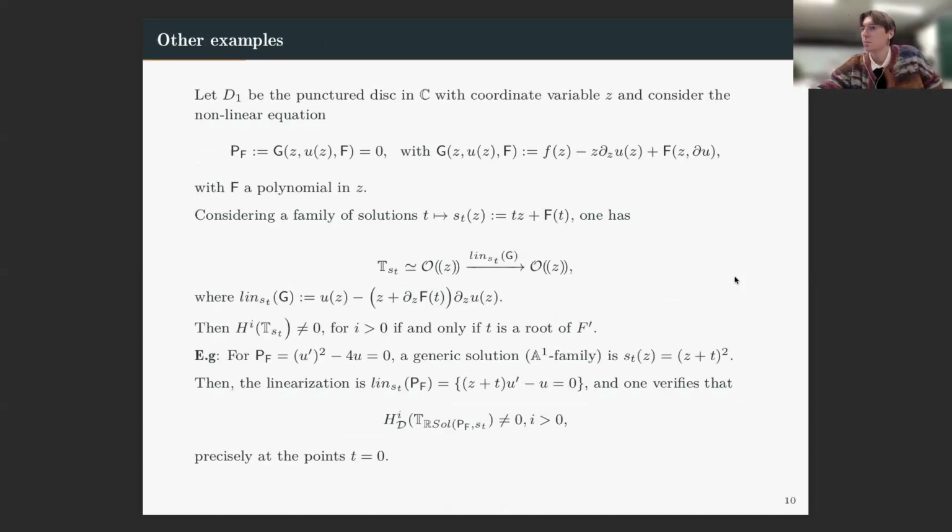So maybe just a really basic example to exemplify what I'm saying is if we just look at some punctured disk in the complex plane, and you have some coordinate variable z, let's say, you can look at a couple different nonlinear equations. These are just differential equations. They're not necessarily partial differential despite my poor notational choices. And you can look at a family of solutions.